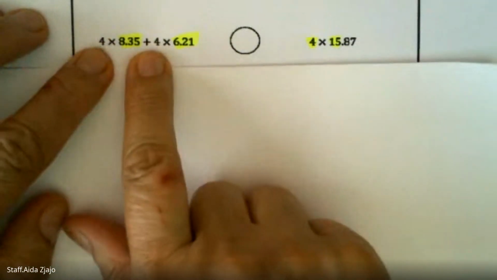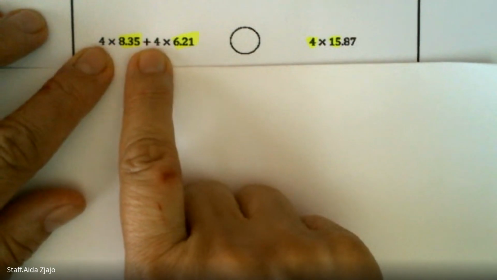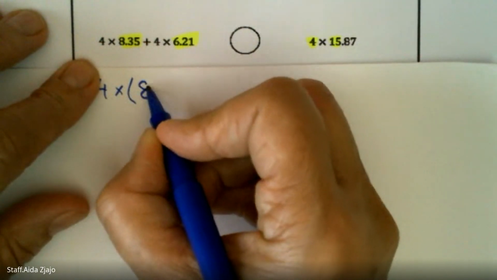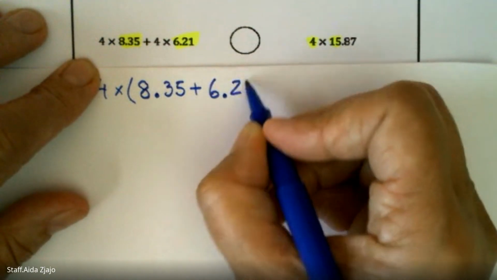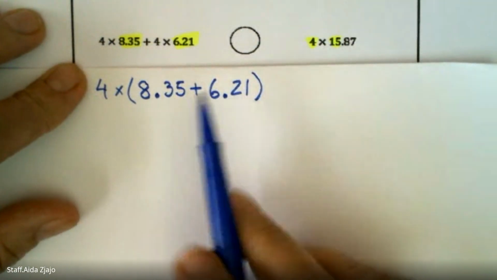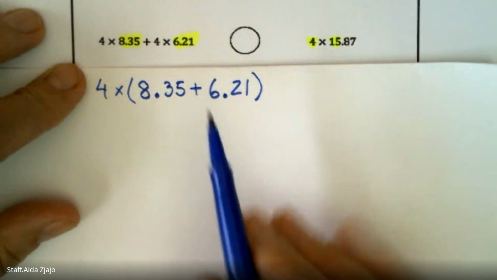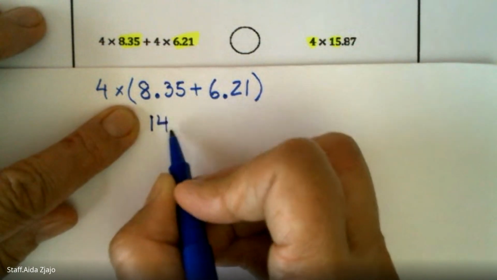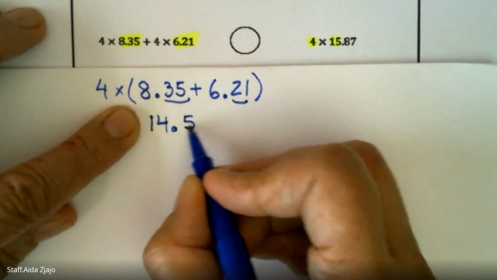Because one factor is the same in the product, we can also add these. This is the same as 4 times 8 and 35 hundredths plus 6 and 21 hundredths. So if we add these together, 8 wholes plus 6 wholes is 14 wholes, and 35 hundredths and 21 hundredths is 56 hundredths.